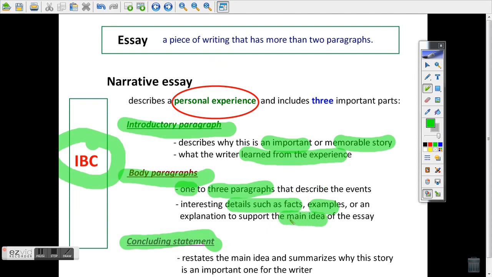Again, where is your main idea? From the introductory paragraph. And the concluding statement restates the main idea and summarizes why this story is an important one for you. So you state or write again about your main idea, about the intro, and then you give a summary of why the story is very important for you.